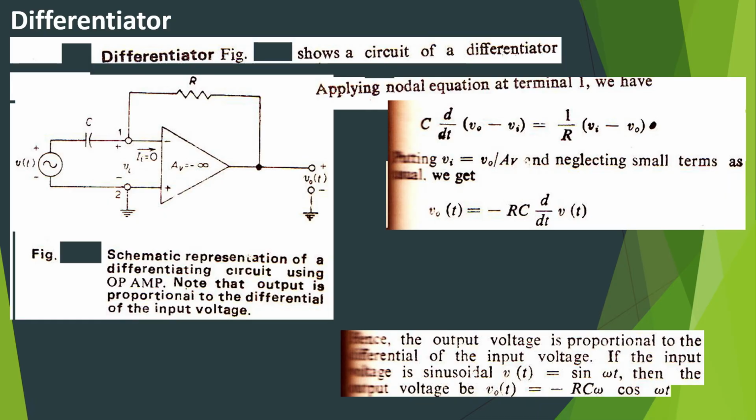Hence, the output voltage is proportional to the differential of the input voltage. If the input voltage is sinusoidal, V of t equal to sin omega t, then the output voltage V0 of t equal to minus RC omega cos omega t.